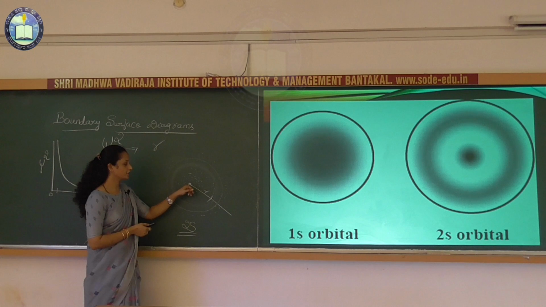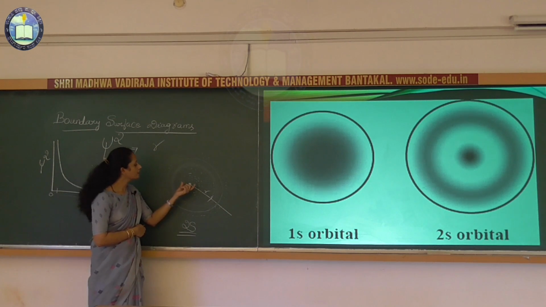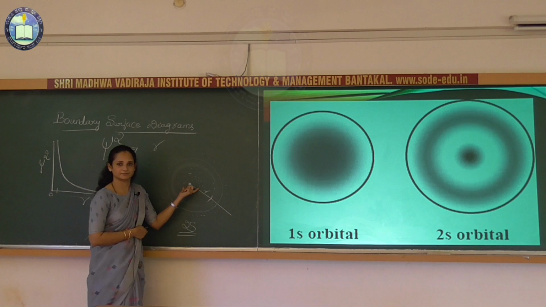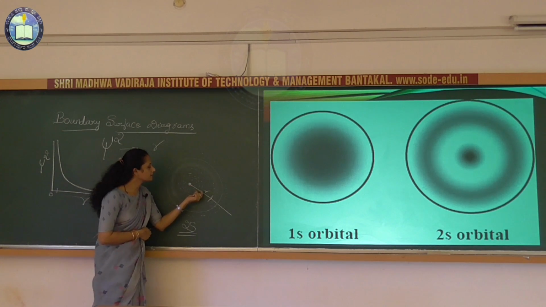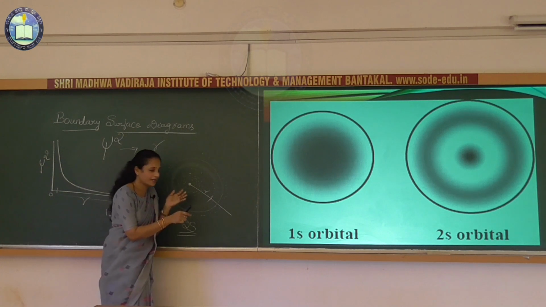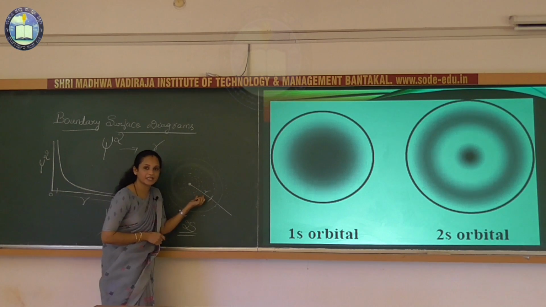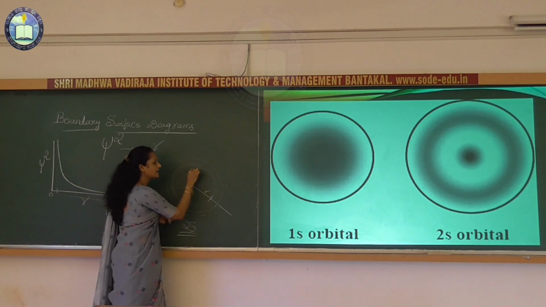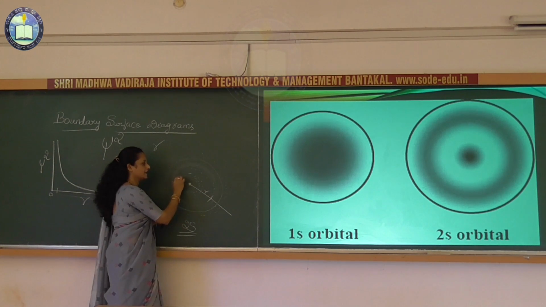Okay. See, for the 2s orbital, near the nucleus, electron density is maximum, but as the r value increases, nucleus ಇಂದ ದೂರ ಹೋದ ಹಾಗೆ electron density ಕಡಿಮೆ ಆಗ್ತಾ ಹೋಗ್ತದೆ. So this is the region where probability density is less, ಕಡಿಮೆ ಆಗಿದೆ ಇಲ್ಲಿ.